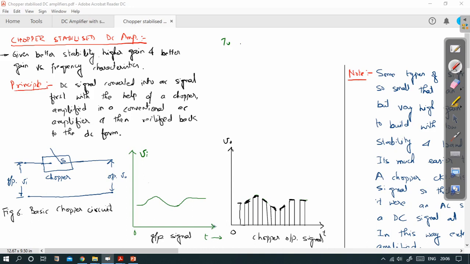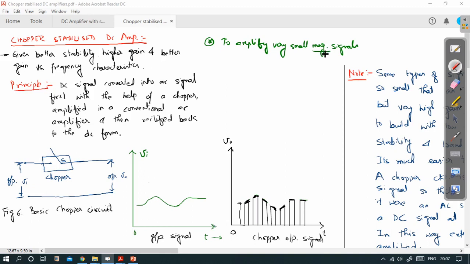Basically we are studying DC amplifiers, and the job here is to amplify the signals which are coming from those kinds of transducers or sensors which have very small magnitude, and contain both DC as well as AC components.